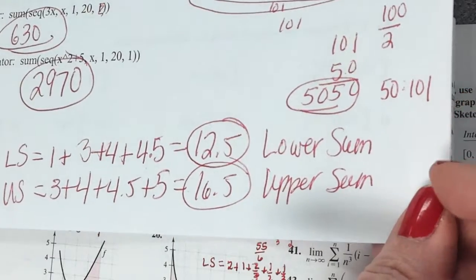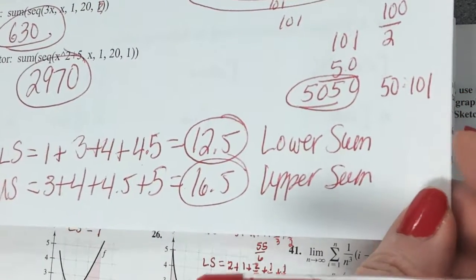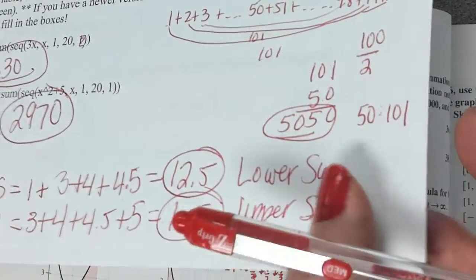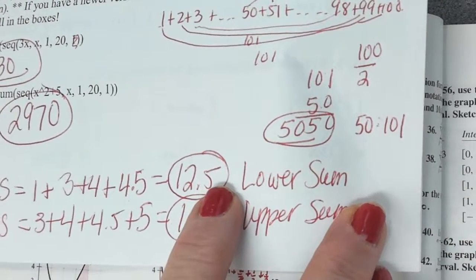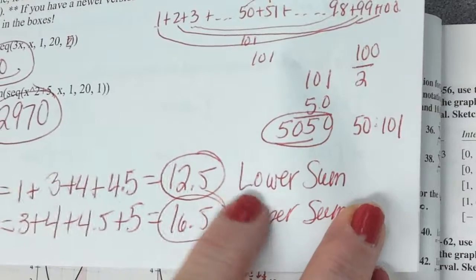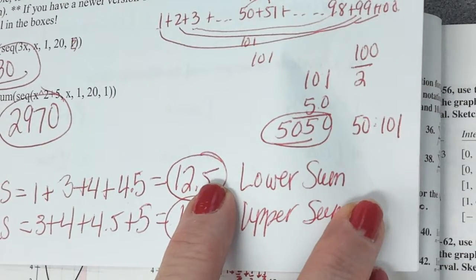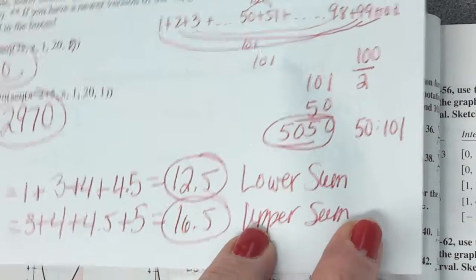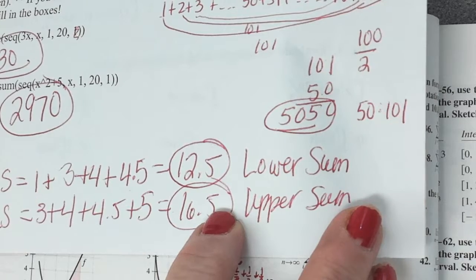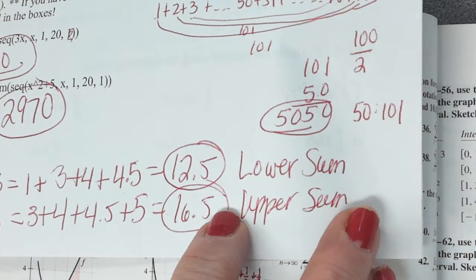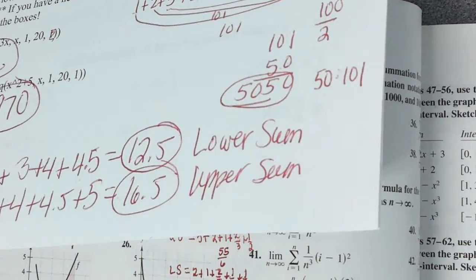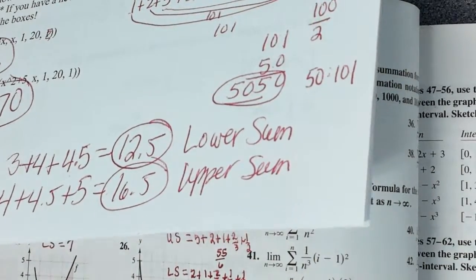Okay? Now, even though these are just estimates of the area, they still have specific answers. Like the lower sum is 12.5. It's an estimate of the area, but that is exactly what the lower sum is. And again, upper sum, same way. This is an estimate of the area, but the answer for the upper sum is 16.5. What do you think would even give us a more accurate representation of the area?